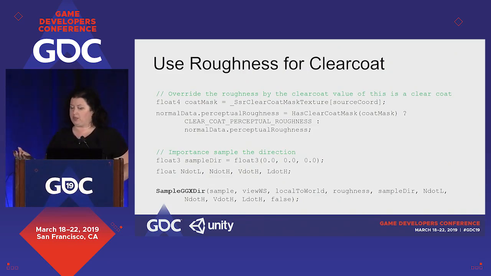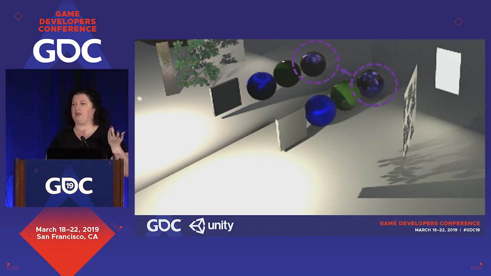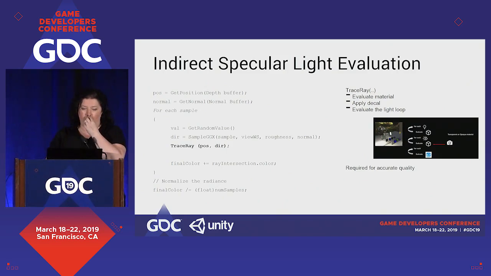However, with clear coat, we need to account for it by using roughness in the clear, and this is the example here. And so this is the result, the clear coat and its reflection. And similarly for specular color. So we need to ensure that we're evaluating the light loop, like we were saying, for the specular.